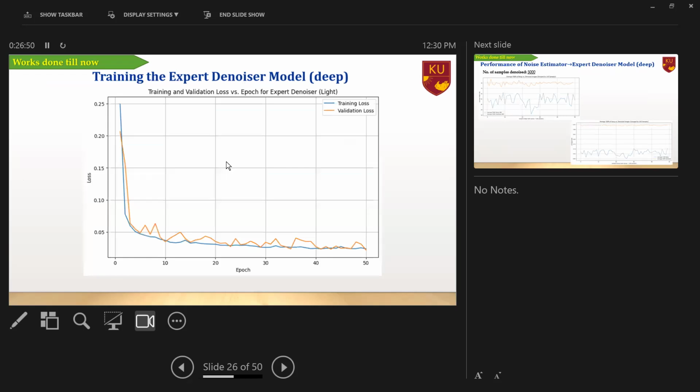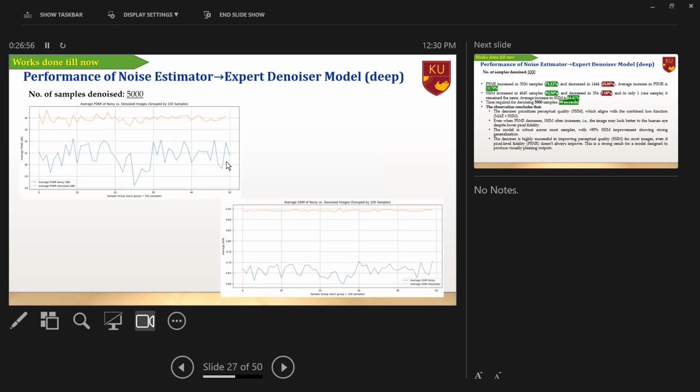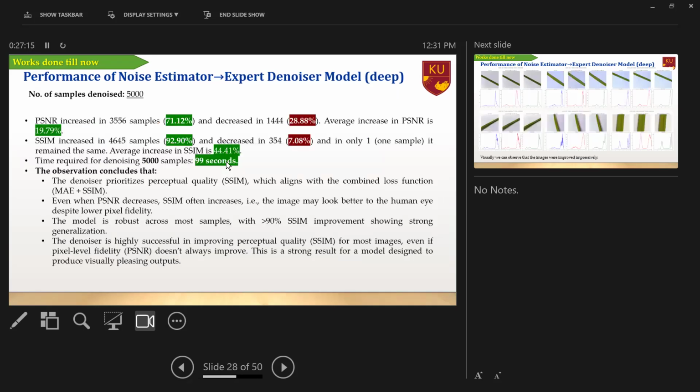Here also is the training graph, where we have depicted the loss. Again, this is PSNR. The first one is the PSNR comparison of noisy and denoised images, and the second one is the SSIM comparison. In both graphs we see that PSNR and SSIM increase. Here is the difference.